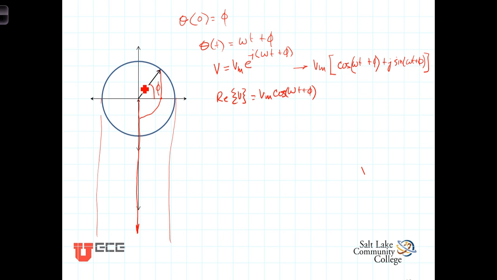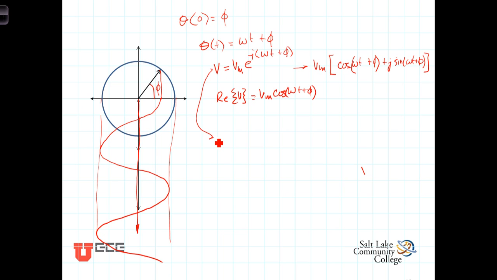It goes to 0 when theta gets to 90 degrees. By the time theta is around here to pi, we're down here to the negative, coming back this way. And once again, we have a cosine waveform, but it's a cosine waveform with a phi radian shift.